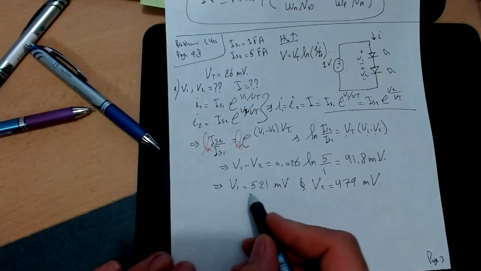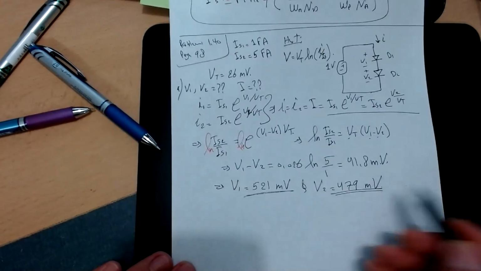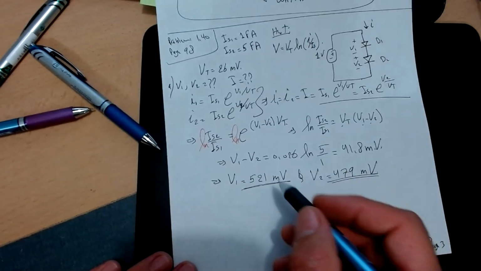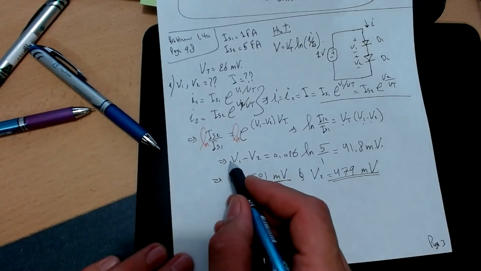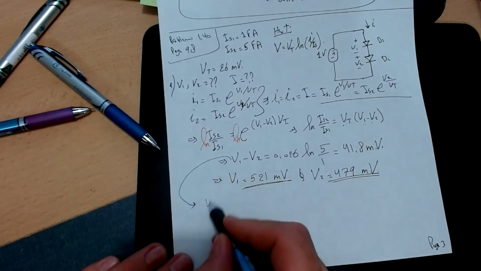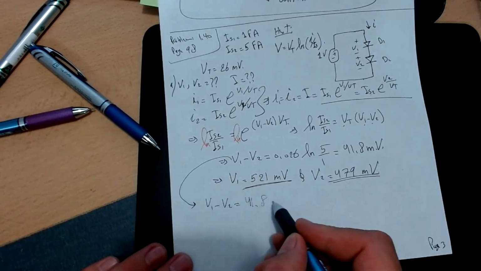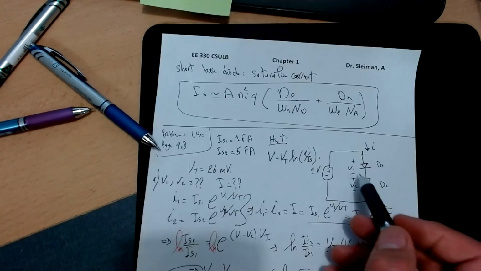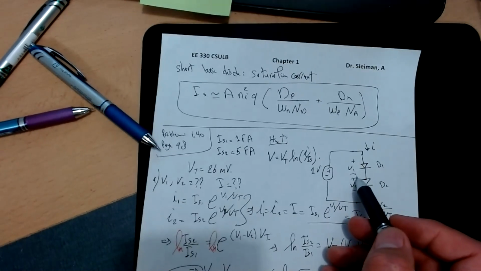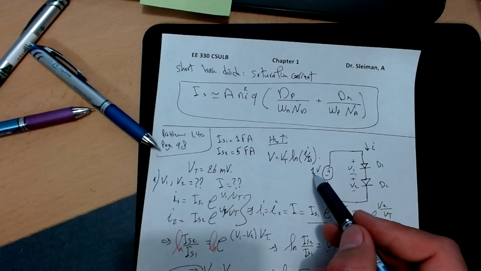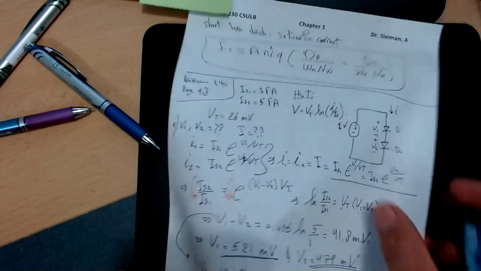And I know you want to ask how we got this. We have this equation, which I'm going to put here just to show you: V1 minus V2 is equal to 41.8 millivolts. This is a series circuit, so 1 volt is equal to V1 plus V2.